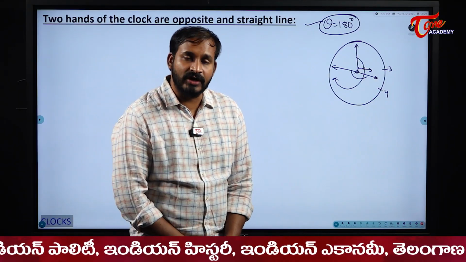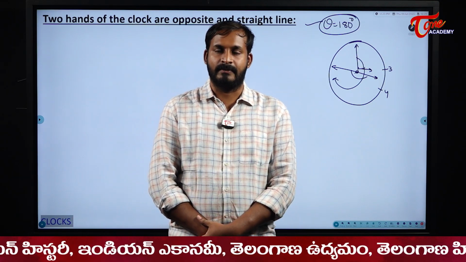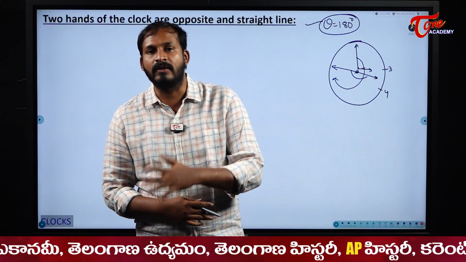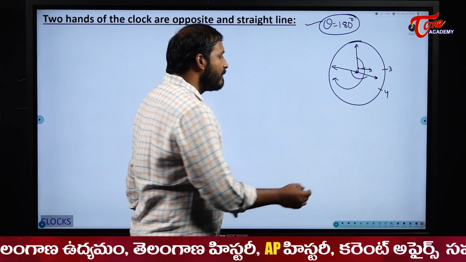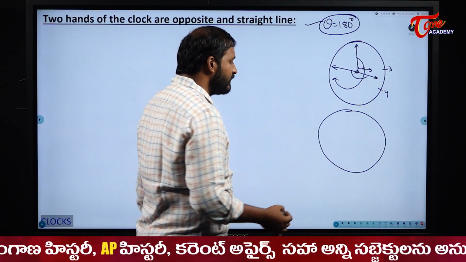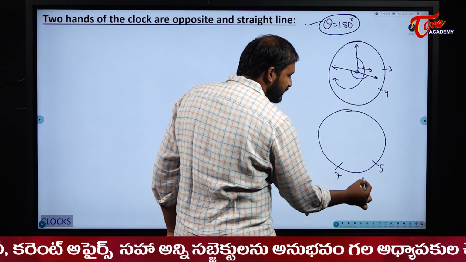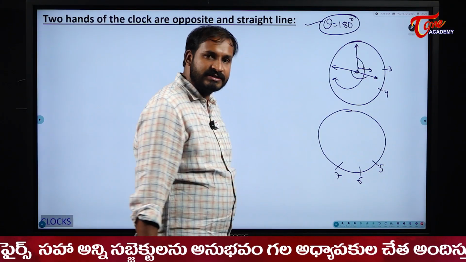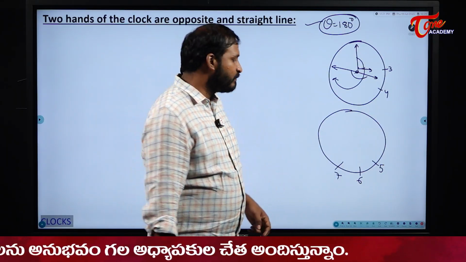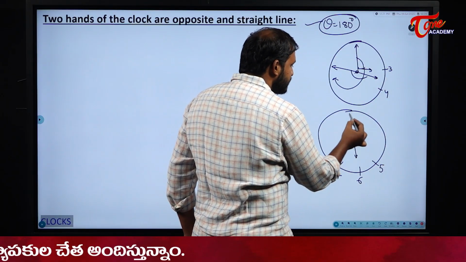So in 12 hours it should happen 12 times. But just as we have an exception in the overlap case, here also we have one more exception: between 5 and 7. The time difference between 5 and 7 is 2 hours, but we will have a common straight line point exactly at 6 o'clock.